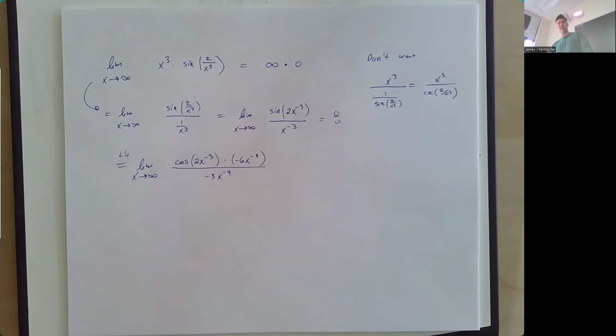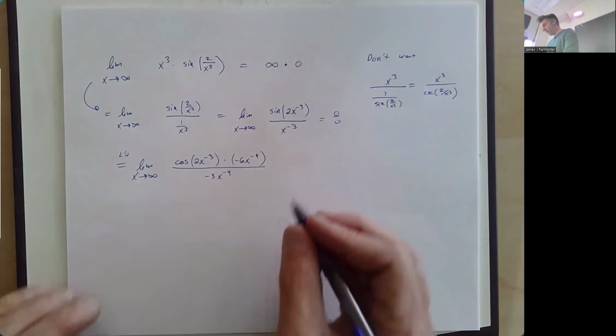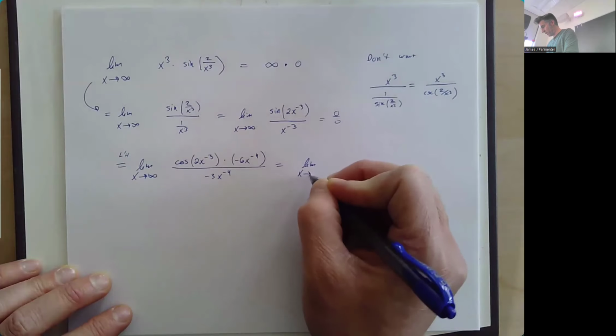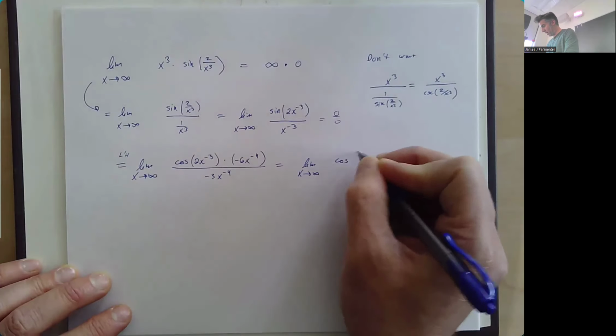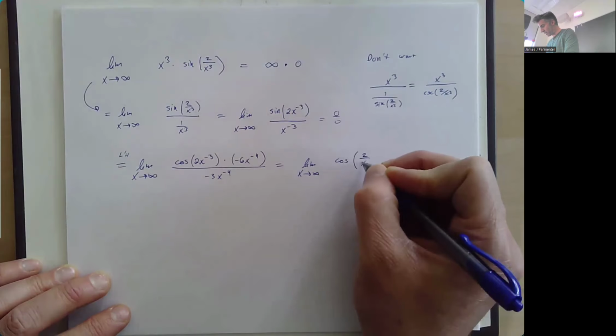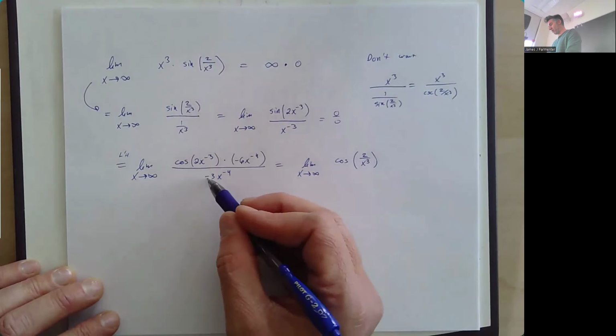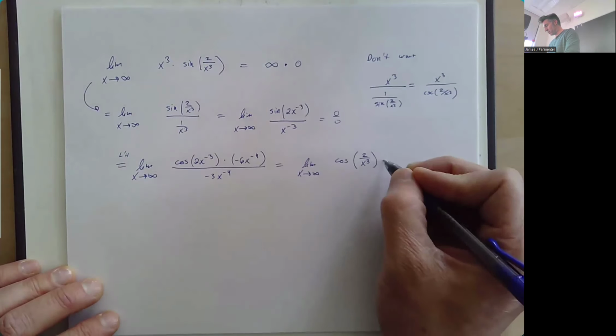And I can definitely cancel some stuff. Those x to the negative fourths definitely cancel out. So I would probably then rewrite this as the limit as x goes to infinity of cosine of 2 over x cubed. And then negative 6x to the negative fourth divided by negative 3x to the negative fourth is just 2.